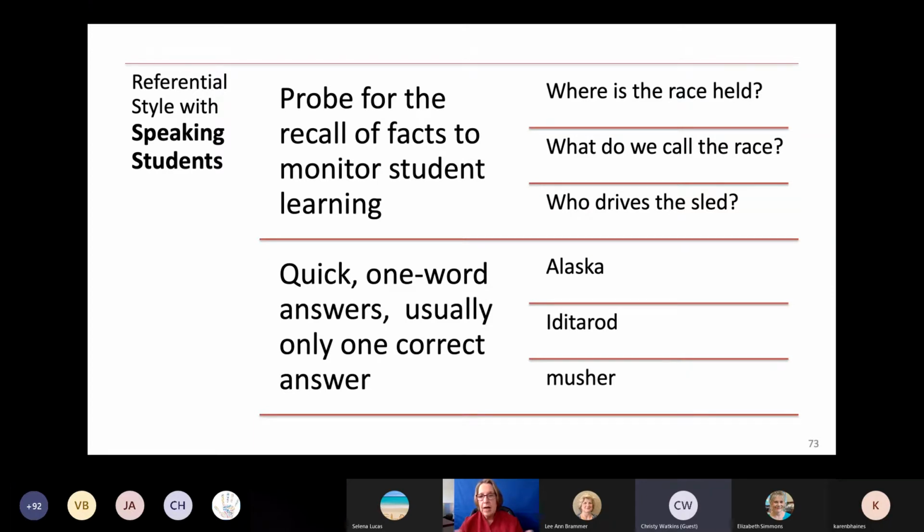So this happens a lot in the classroom where they ask the question, who drives the sled? And those speaking students can easily say musher. Or they ask, what do we call the race? The speaking kids, if they were paying attention, can easily respond and say the word Iditarod, because all of that information, all of those facts, are new to those speaking kids.